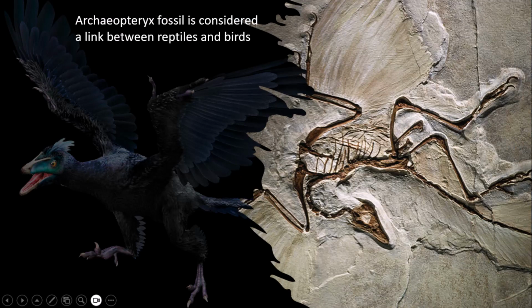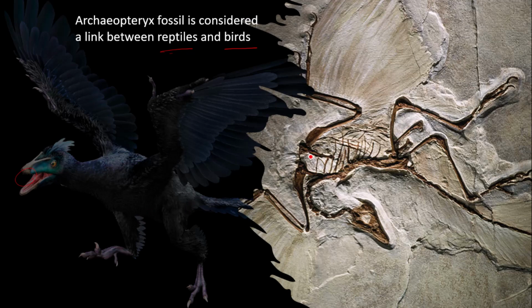So this is a famous fossil of a dinosaur called Archaeopteryx, and it's considered a link between reptiles and birds. So why do we consider it a link between reptiles and birds? It's reptilian because it has teeth and scales, which are features of reptiles, and it has feathers.